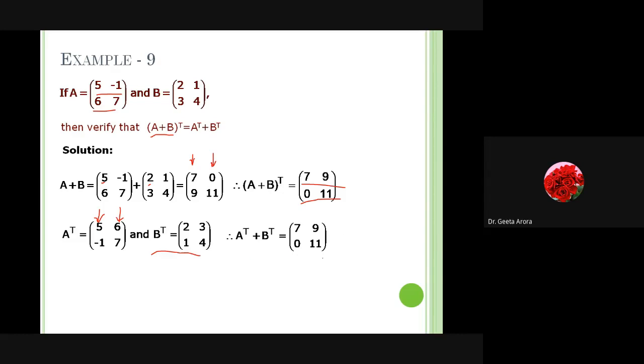Hopefully you see how we added the elements. So A plus B transpose is the same as A transpose plus B transpose, and we have verified it. The questions are very easy to solve. Whenever we are looking for some value, we use the rules that we have learned, or the question asks us to verify or prove something.